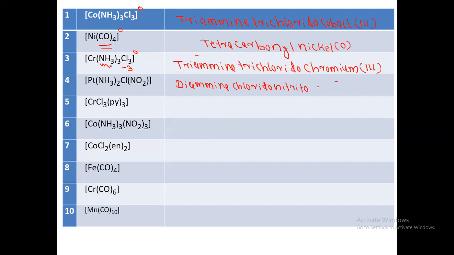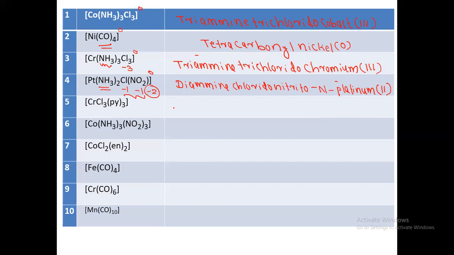It's written NO2, which means N is donating, N is acting as the ligand. So nitrito-N, then the metal is platinum. What is the charge? There is no charge for ammonia. There is -1 contribution from Cl, -1 from NO2. So the total negative charge is -2, and the total charge is 0, so it should be balanced by +2. So platinum 2. Clear?